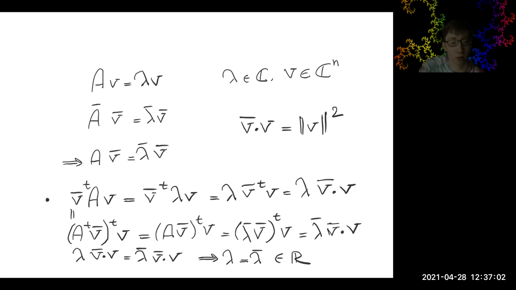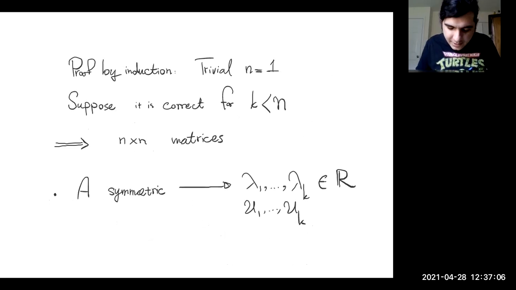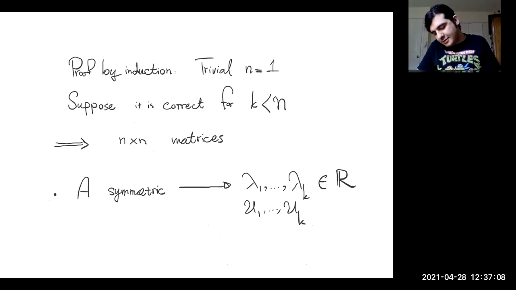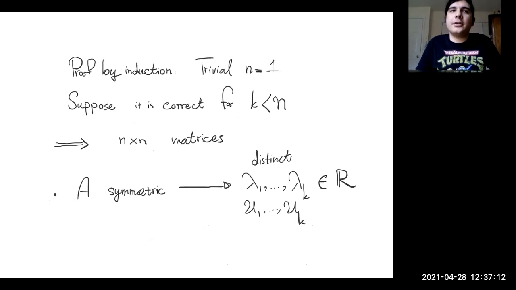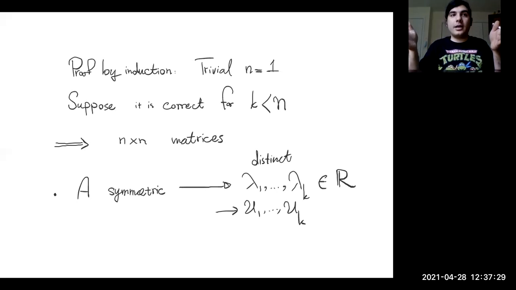Thank you. So going back here, we have these real distinct eigenvalues and corresponding eigenvectors. So I can also assume this U1 up to UK, dividing by their norm, their length is equal to 1.